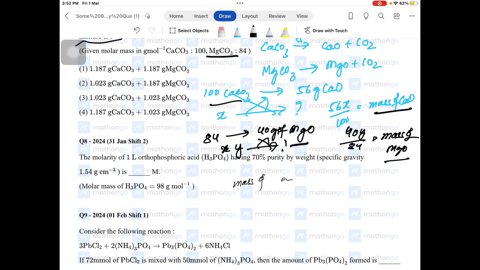The sum of the mass of calcium carbonate and magnesium carbonate is equal to the mass of carbon dioxide liberated. Or you can take directly, that is equal to the mass of calcium oxide and magnesium oxide.